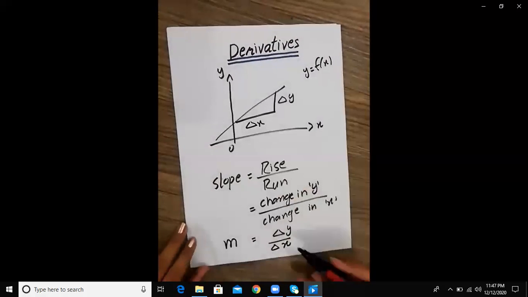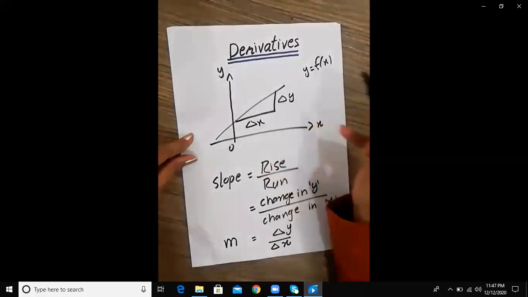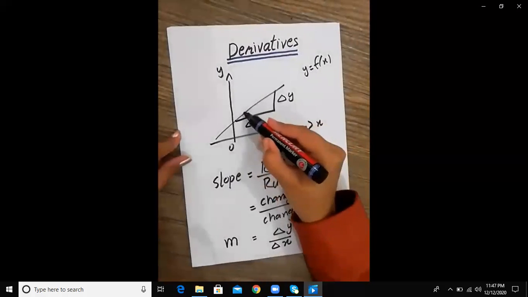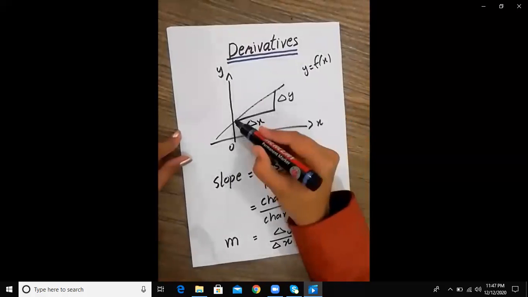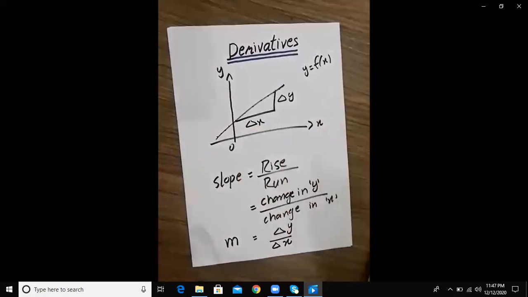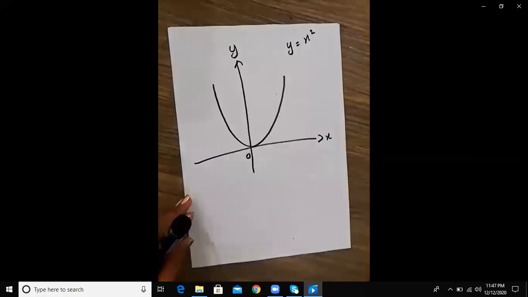So the slope of the straight line is change in y over change in x. Now, as this is a straight line, the slope at every point of this straight line is the same. Slope is not changing.